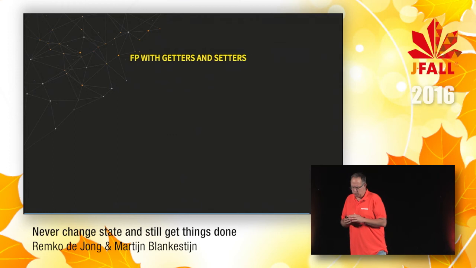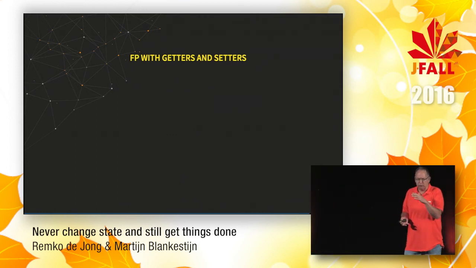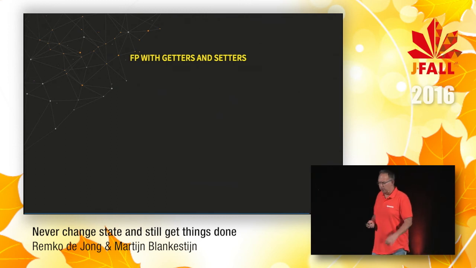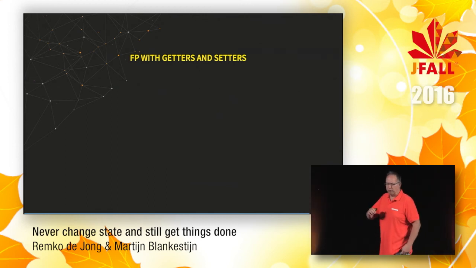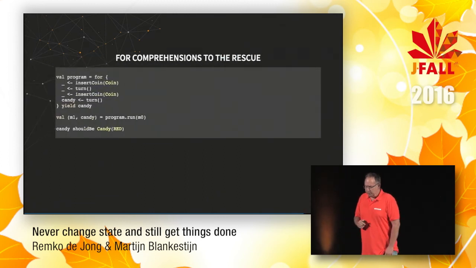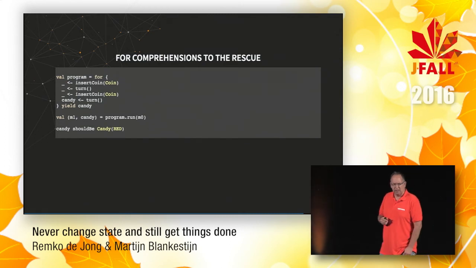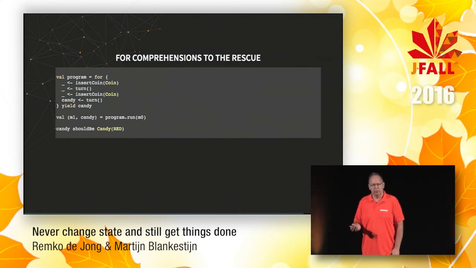But what if somewhere in that for comprehension, in that path of all functions that we bind together, we want to do something with the state itself? If you look at this slide, the only thing we can get our hands on is the candy itself, the value. The state is being wired through.